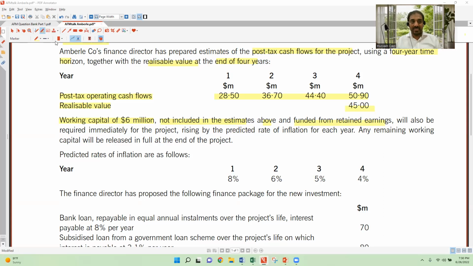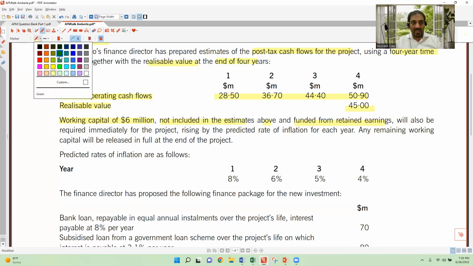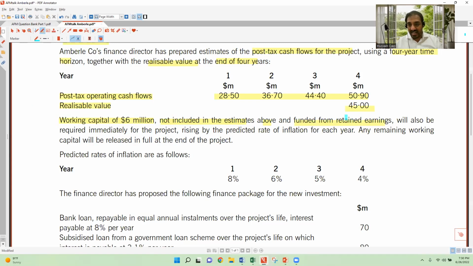Here the examiner particularly mentioned that the working capital will be available from an internal source of finance, retained earnings. So we will not incorporate the working capital in the finance requirement for the new debt finance. That's a key point.